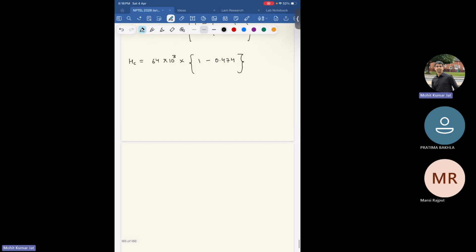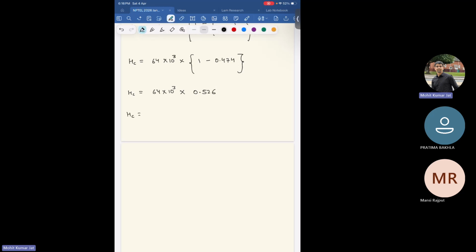And if I subtract it out of 1, it will be 64 into 10 power 3 times 1, 0.525 or 526 if I just approximate.